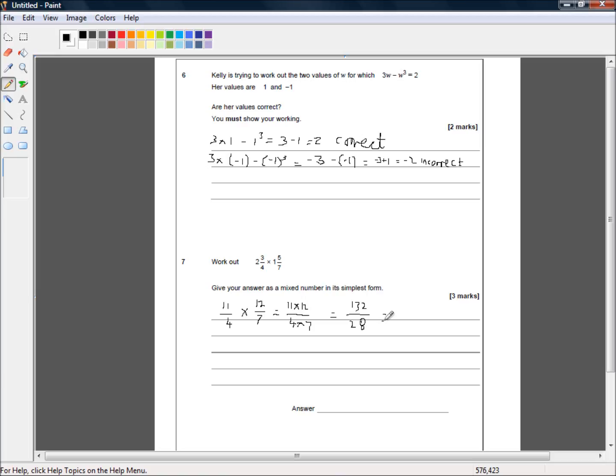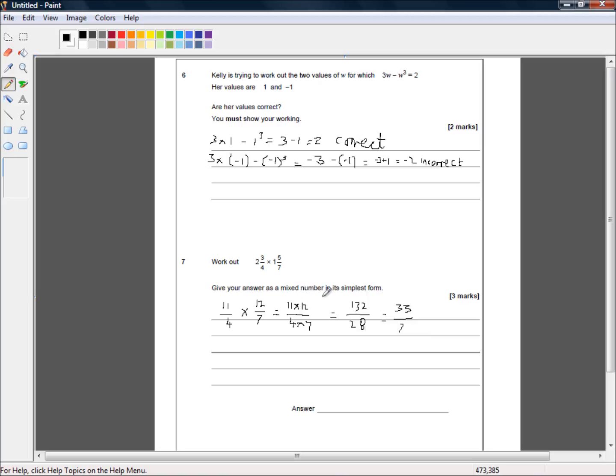So 132 divided by 4 is the same as 11 times 3, which is just 33. And if we divide 28 by 4, of course, we get 7. So we've got 33 over 7, which we now need to convert to a mixed number.